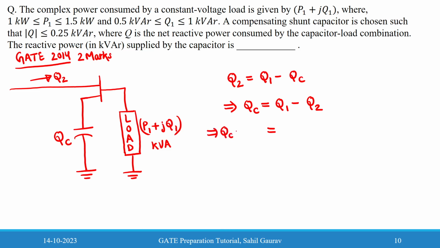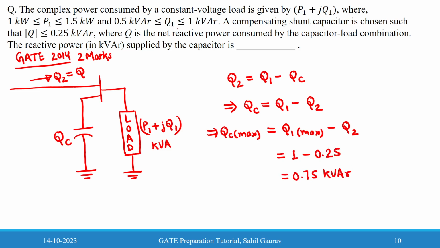You need to find QC max, so you have to take Q1 max also: Q1 max minus the Q2 limit, where Q2 is only Q. Q1 max is given as 1 and Q2 you can put 0.25 kVAr. That will give you 0.75 kVAr.